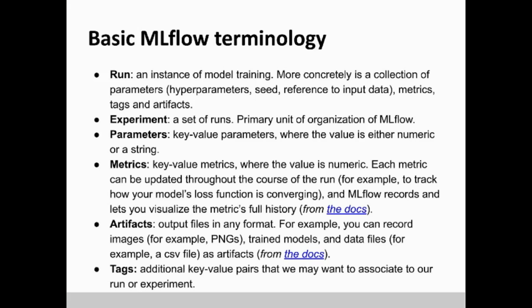Then we have the metrics, which are key value pairs, but the value in this case can only be numeric, and they are usually used to quantify the performance of our model. For example, we could have L2 loss, mean square error, or accuracy logged as a metric in MLflow.